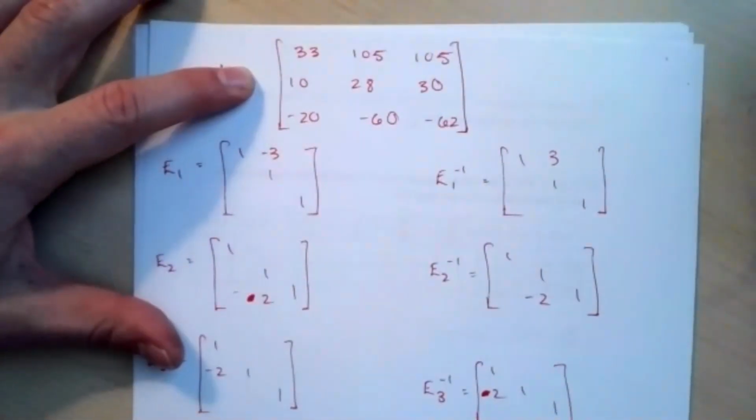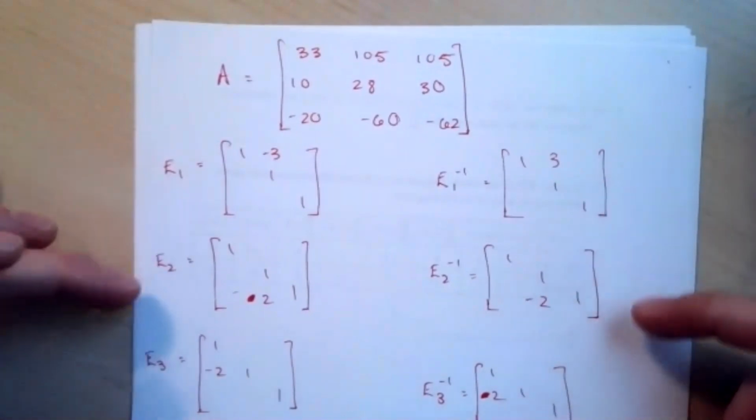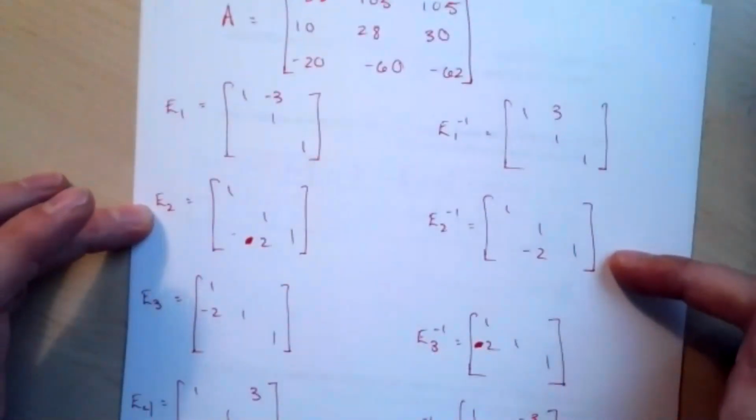So the rest of those notes are fine. Let me go back through it again, and let me pull up these two pages. Here I reworked the problem. From this page, here was our A, and our E1 and E2 are the same.